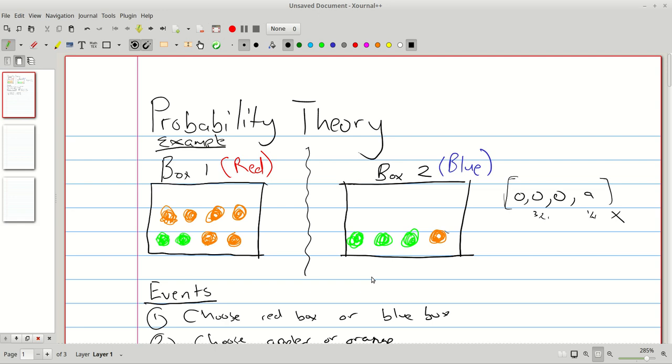For instance, looking at the red box, the probability of choosing an apple is 2 out of 8 apples, right? And the probability of choosing an orange is 6 out of 8, right?